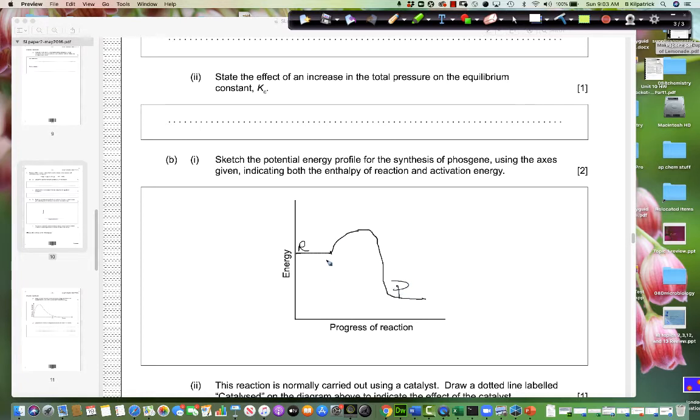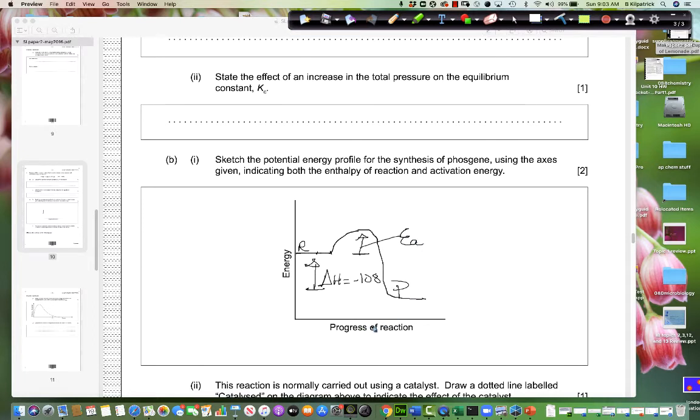Now it's going to drop down to wherever the products are. From the difference between the reactants and the products, that should be your delta H, which equals 108. Your activation energy should always be from your reactants to the top of the hump. So that's my activation energy right here. And that's what it's looking for.